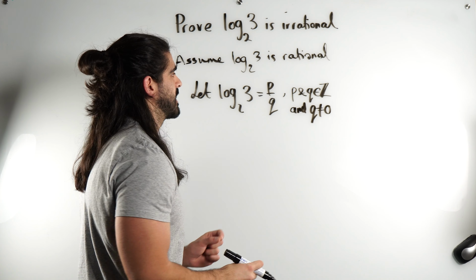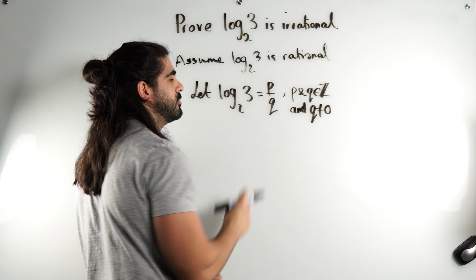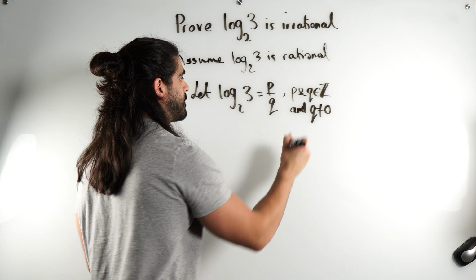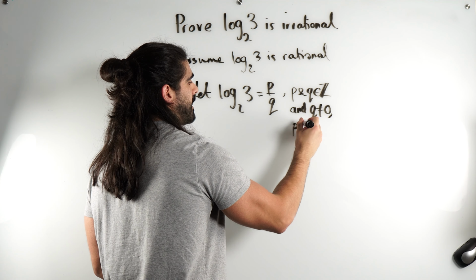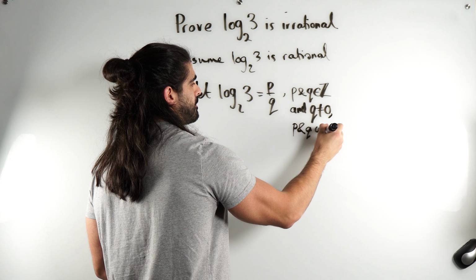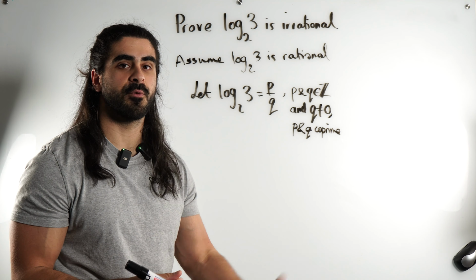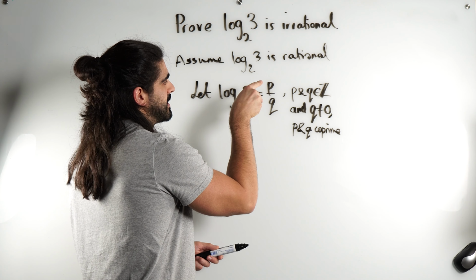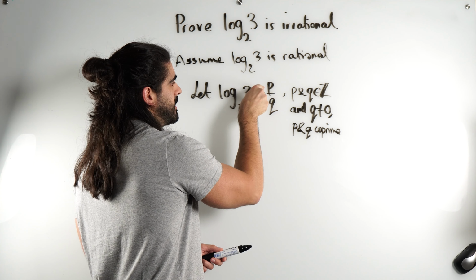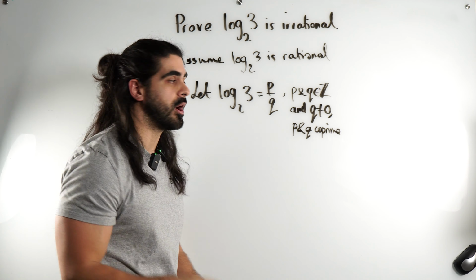You can also say that p and q have to be co-prime. What does co-prime mean? It means that it's a fraction in its simplest form. Co-prime essentially means that the highest common factor between these two numbers is 1.